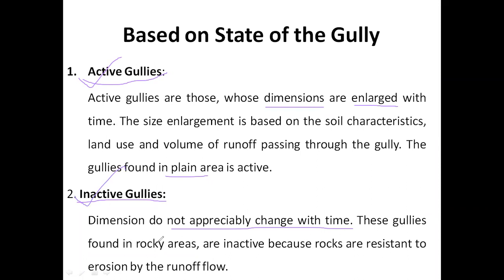These gullies are found in rocky areas. Why are they found in rocky areas? Because there is tougher, erosion resistant soil, and as that soil resists soil erosion, the gullies are inactive. They are inactive because the rocks are resistant to erosion by the runoff flow, right?